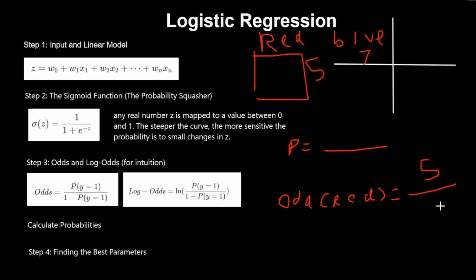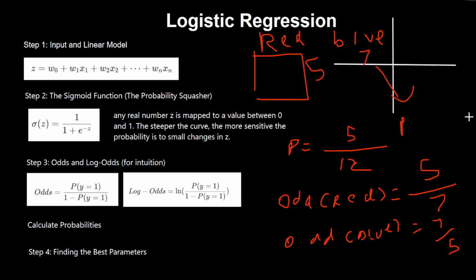So the odds would be 5 out of 7, while the probability will be 5 out of 12. Similarly, if we calculate the odds of picking a blue ball, it will be 7 by 5, because the unfavorable outcome is right here. And similarly, the probability of blue will be 7 by 12.